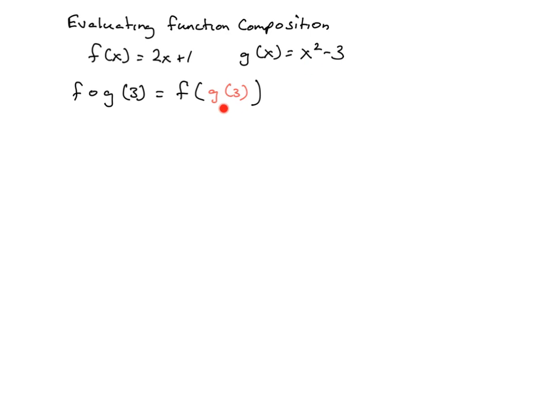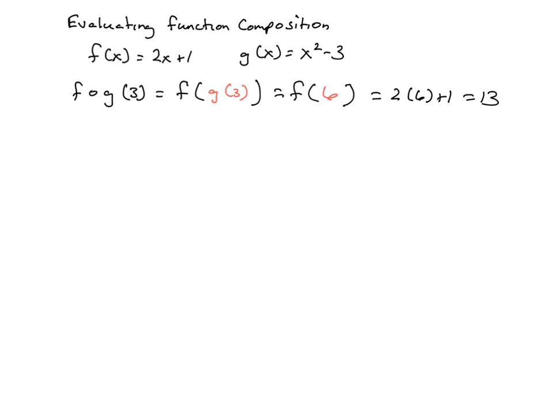Now I put that value, g of 3, into function f. So this is f of 6, and f of 6 is 2 times 6 plus 1, which gives me 13.